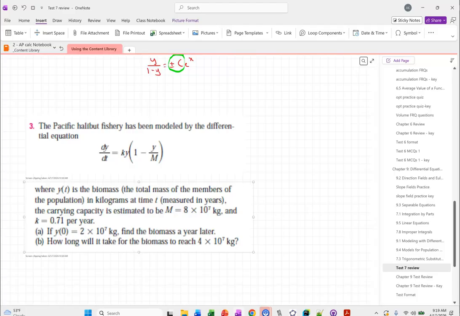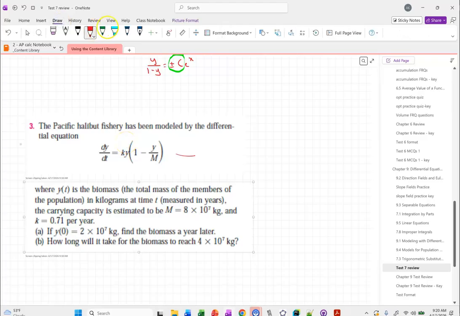So what we're going to be doing here, hopefully when you look at this, you recognize that this is the form for a logistic differential equation. So I know that my equation will be of the form P(t) equals M over 1 plus A e to the negative kt.